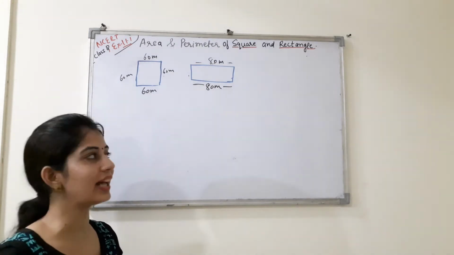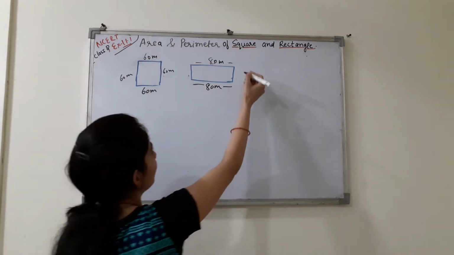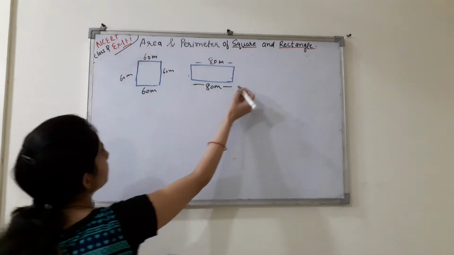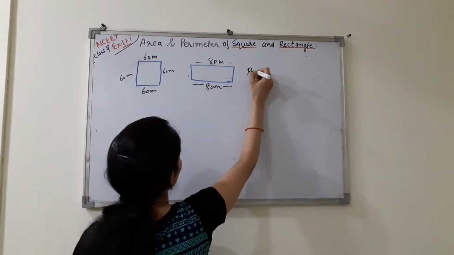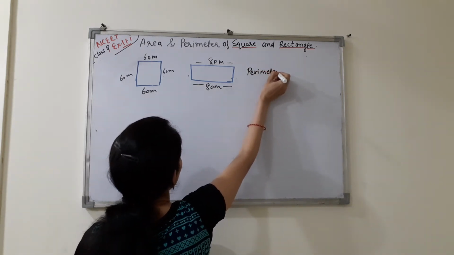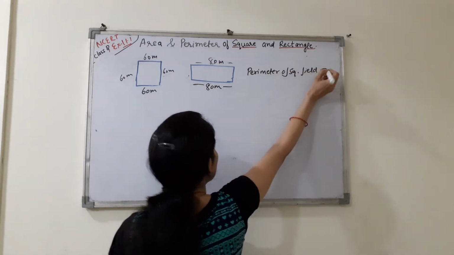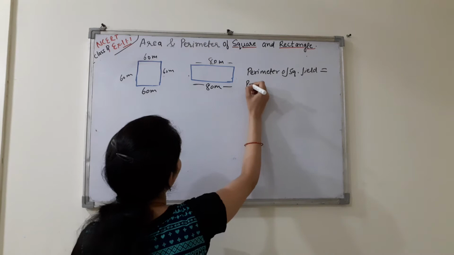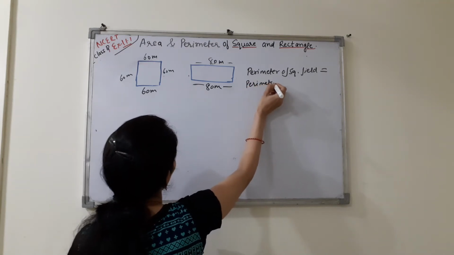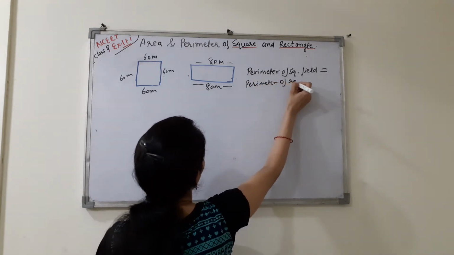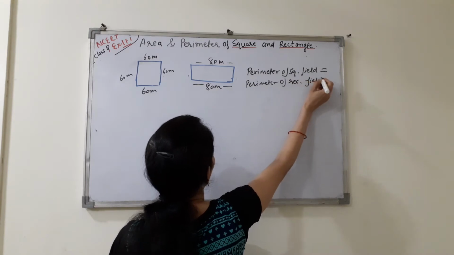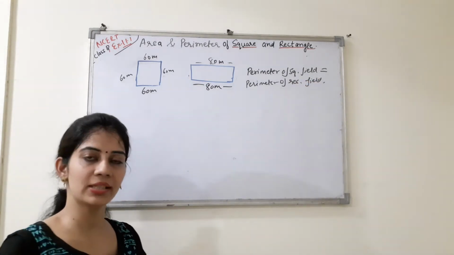Now the second thing that you have been given is the perimeter of the square field is equal to the perimeter of the rectangular field, right? You have been given that the perimeter of both is the same.